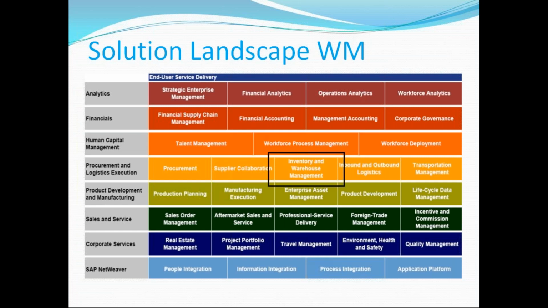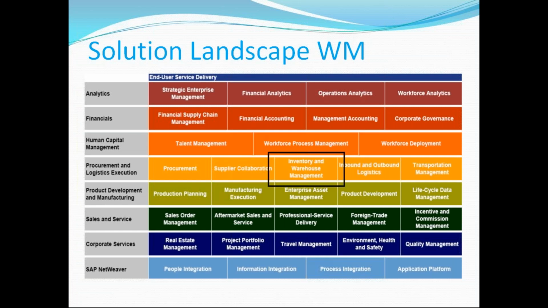SAP Warehouse Management System is available under the Procurement and Logistics Execution vertical. So under the Procurement and Logistics vertical, I have highlighted Inventory and Warehouse Management. Procurement and Logistics Execution vertical starts with procurement of material.